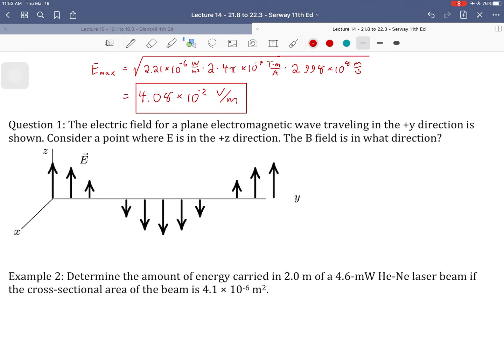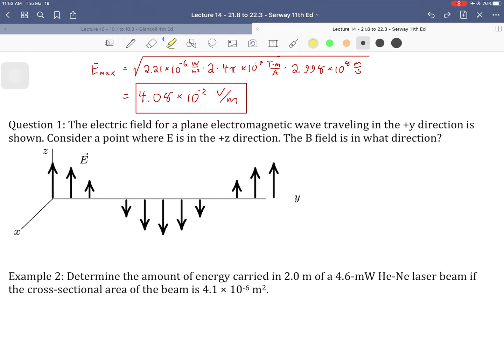Let's follow up here. So the conceptual question shows the electric field for a plane electromagnetic wave traveling in the y direction. So you can see the y direction is shown here. And we want to consider a point where the electric field is in the plus z direction.